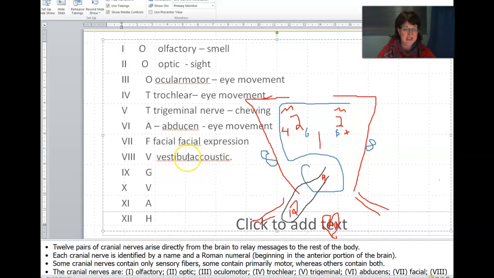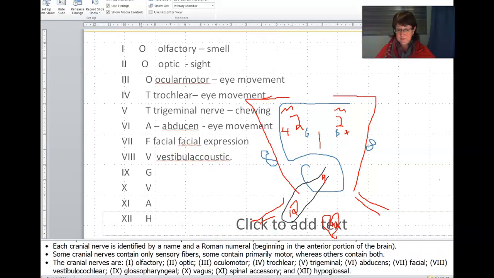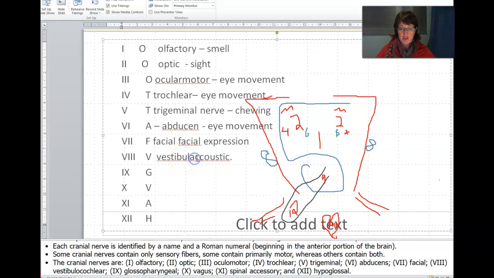I'll have to double check the spelling of that one later because it's wrong. Vestibular cochlear. Vestibule, because it comes from the vestibule used for equilibrium.